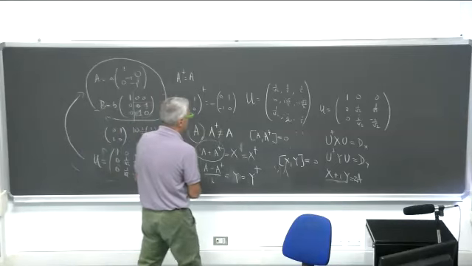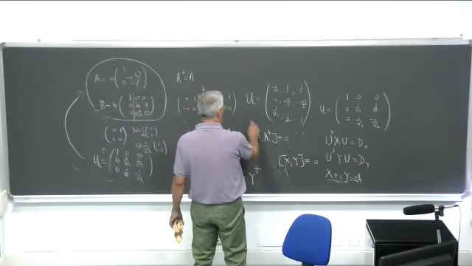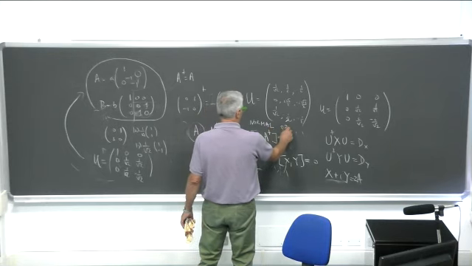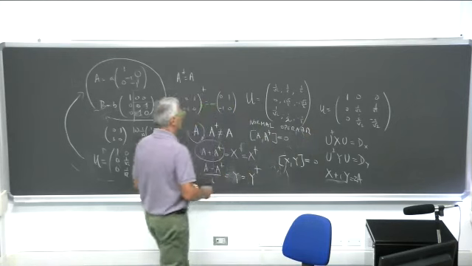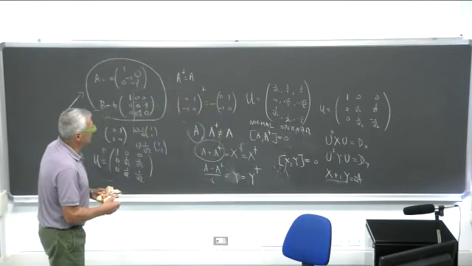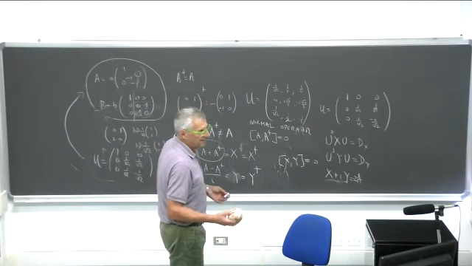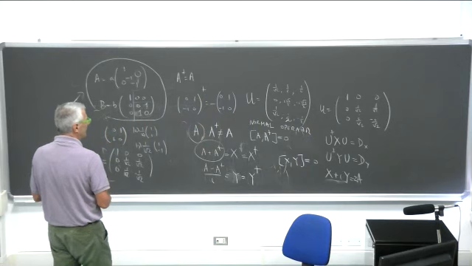The operators for which this is true are called normal. An operator is normal if it commutes with its adjoint. So if this happens, then you can diagonalize it, even though it is not Hermitian.